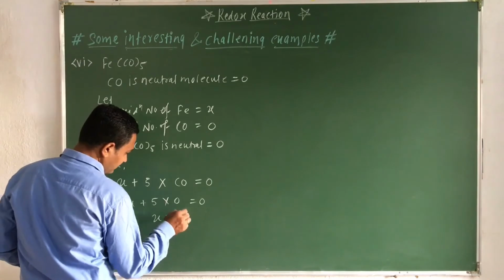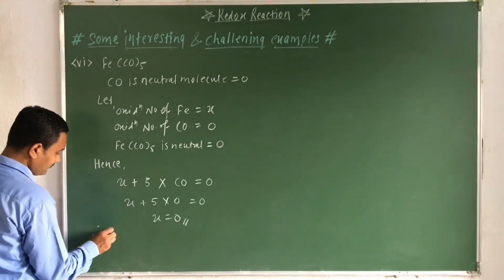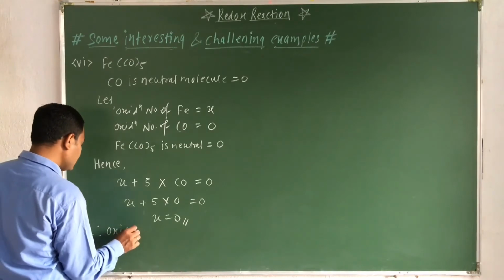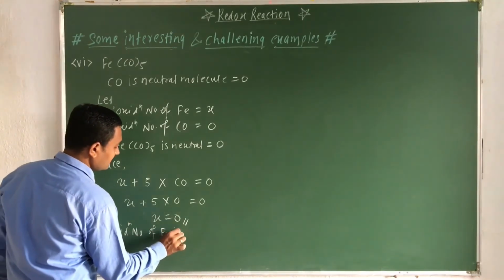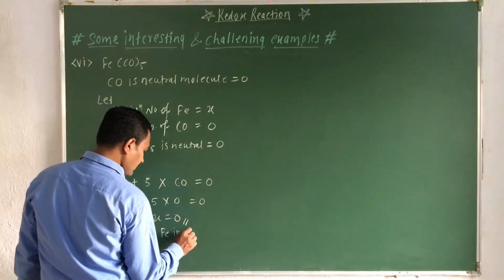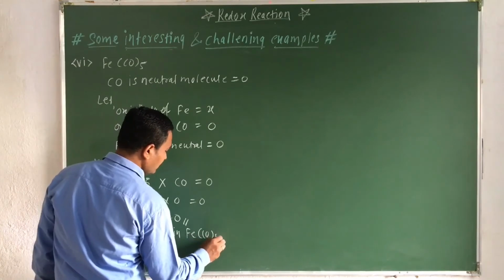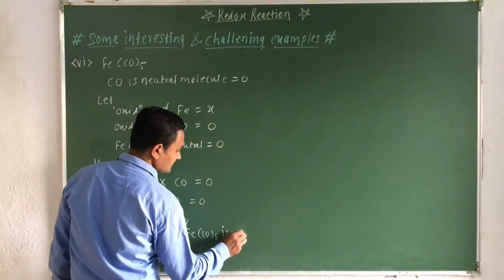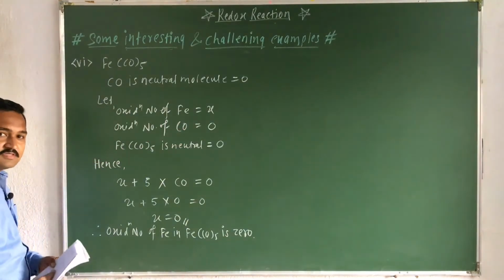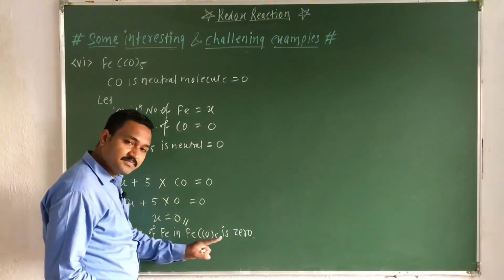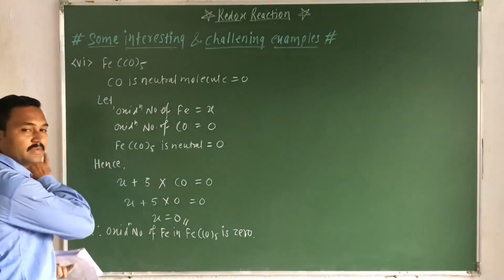So the oxidation number of Fe in Fe(CO)5 molecule is 0. So your oxidation number may be 0, don't worry. So this is about your example number 6.